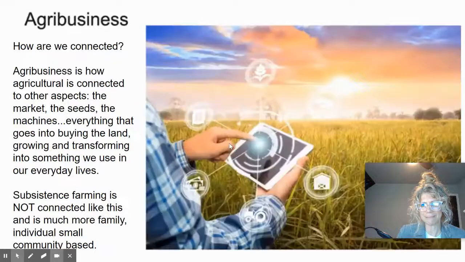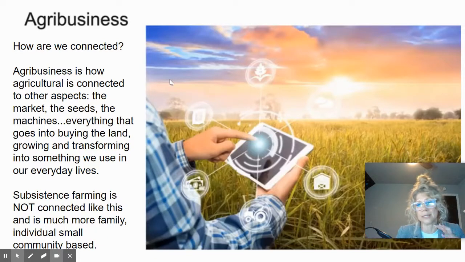Okay, and how does this connect to agribusiness? When we think of commercial farming, we want to think of it as like this huge interconnected network of the market, the seeds, the machine, everything that goes into like buying the land and growing and transforming before it all gets to our kitchen and on our tables and in our daily lives.